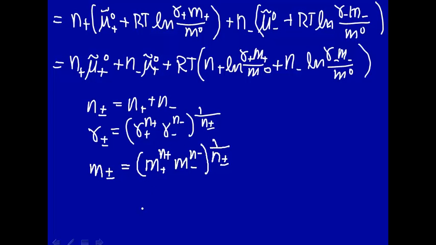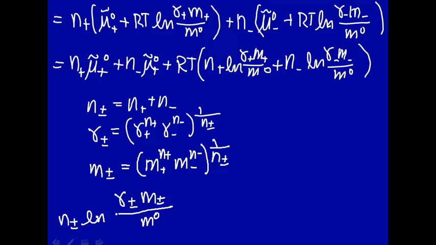Well, let us form the expression gamma plus minus m plus minus divided by m0. And let's take the log of this and multiply by n plus minus.